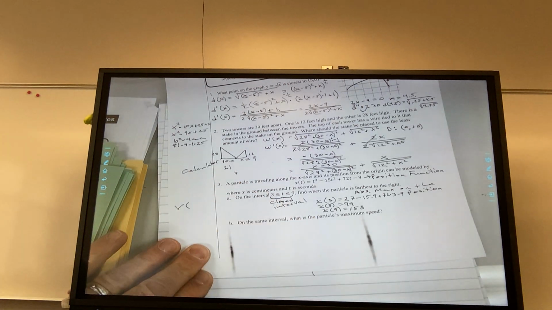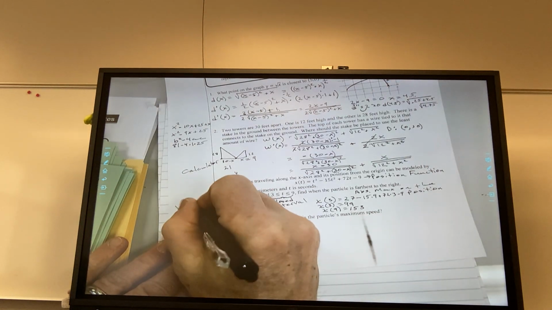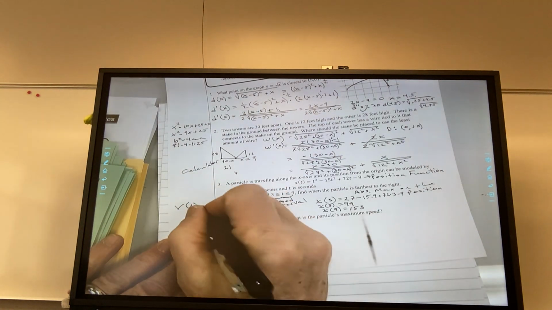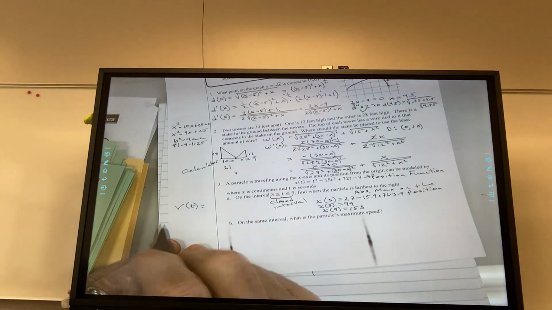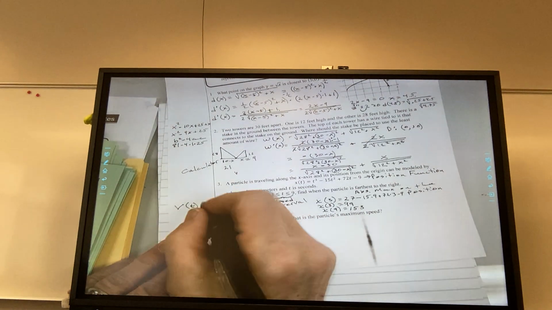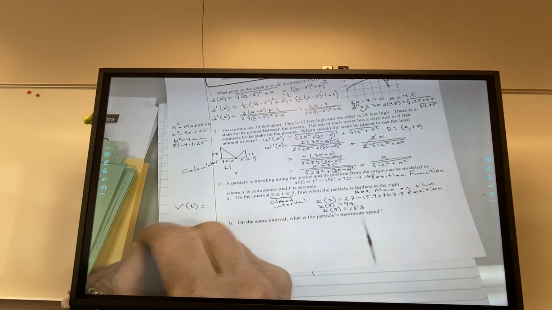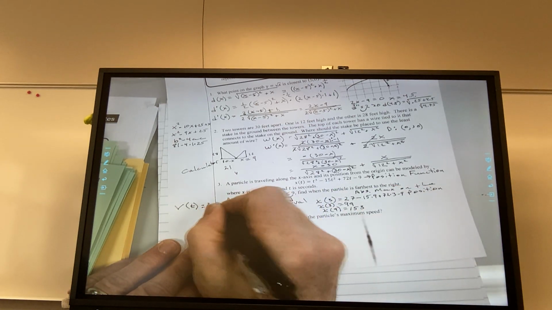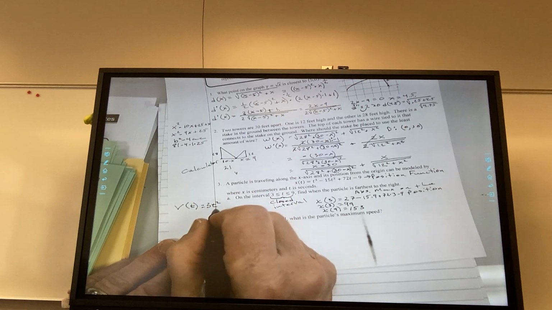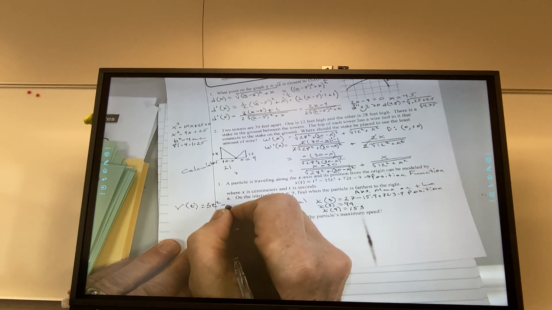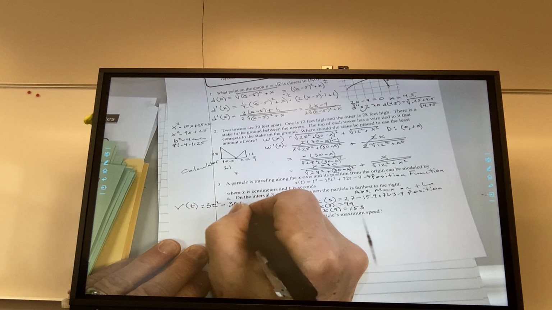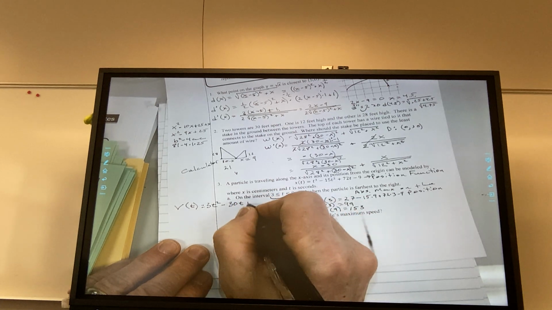So what is the velocity function here? It's 3t squared minus 30t plus 72.